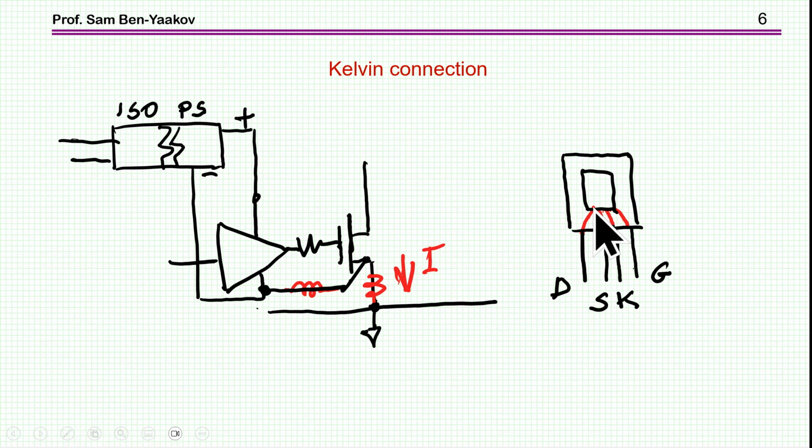By this, you eliminate the voltage drop of this line here, which is very important because this bonding line might have quite a bit of inductance, and of course the interconnection here, not to mention the PCB, etc. So you are of course left with some inductance on the Kelvin line itself, but then the current here is just the drive and not the main current going through the transistor. So this is the idea of the Kelvin connection.